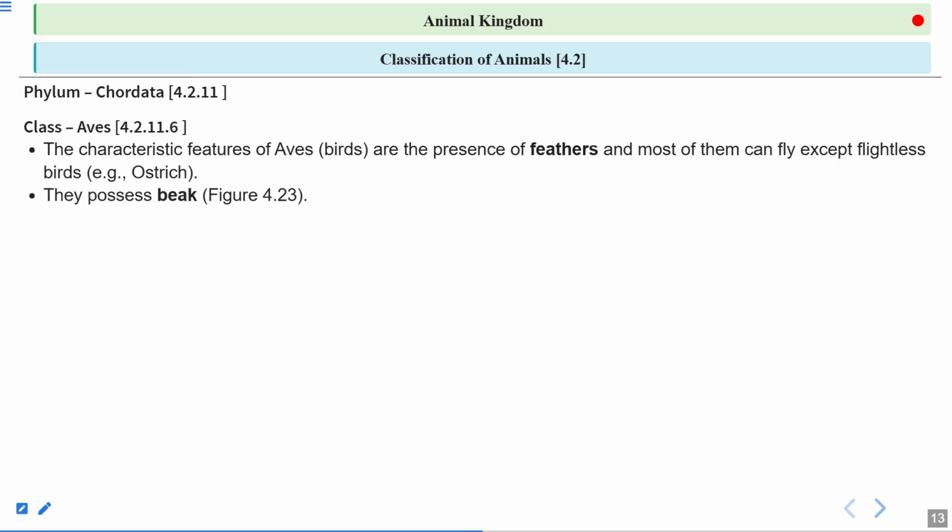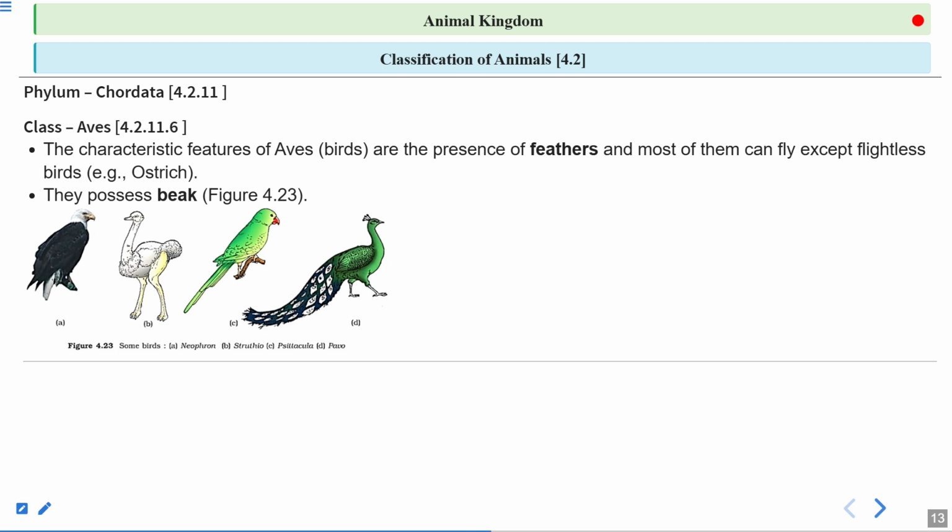They have the beak because of the type of food they eat; for the capture or to take that food, they need a beak only, right? So here you can see some of the birds like neophron, and struthio, ostrich, psittacula, that is commonly called parrot, and pavo, peacock.